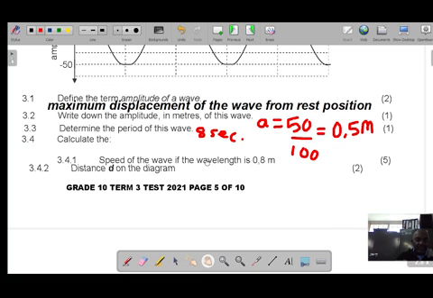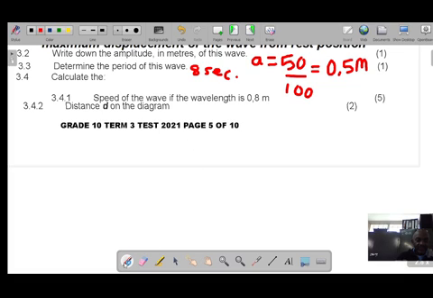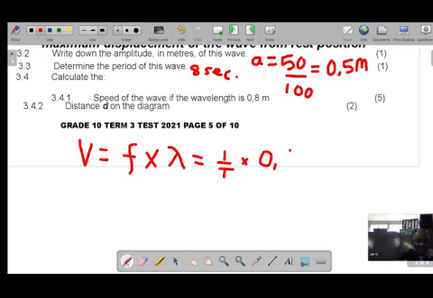Now the speed v is given by v equals frequency times wavelength, that's our lambda here. In this particular case, the frequency is the same as the reciprocal of the periodic time. That means 1/T times 0.8.